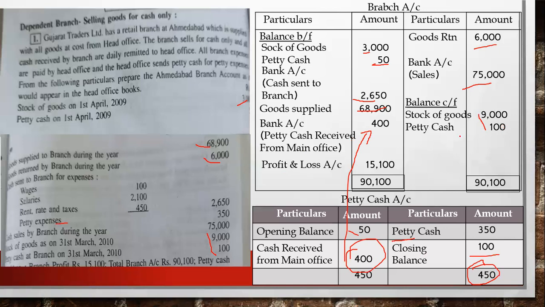Okay. Then we'll do the total. Our credit side total is 90,100. So our difference is on the debit side, and this difference is 15,100. That will be debited, transferred to the profit and loss account.